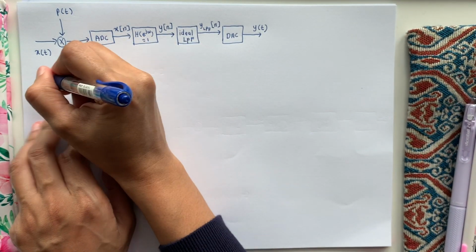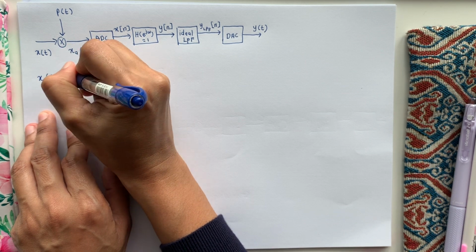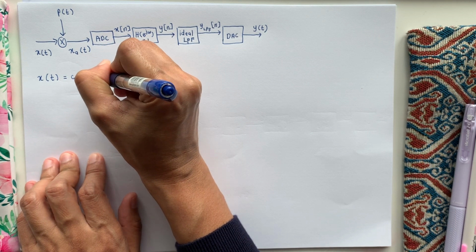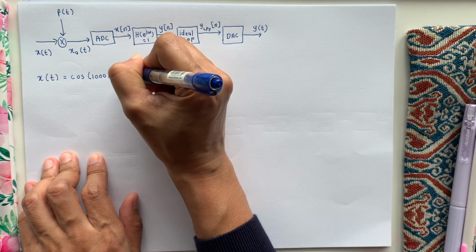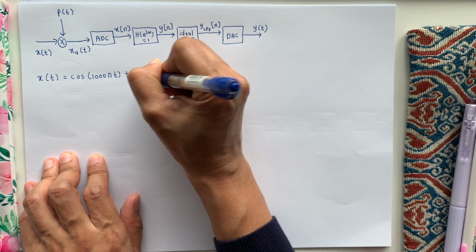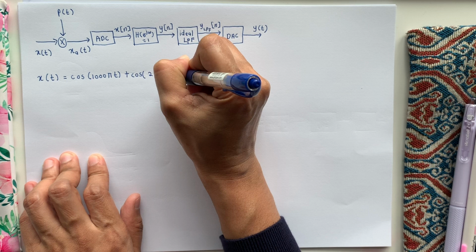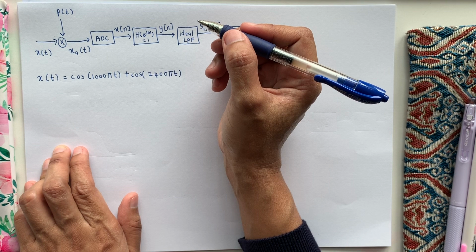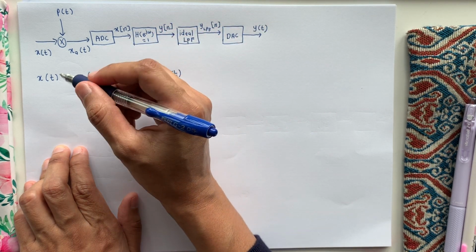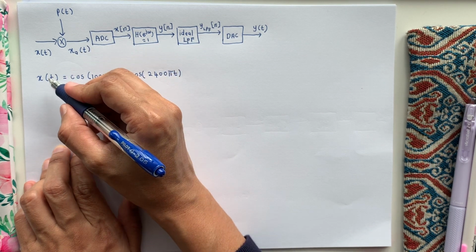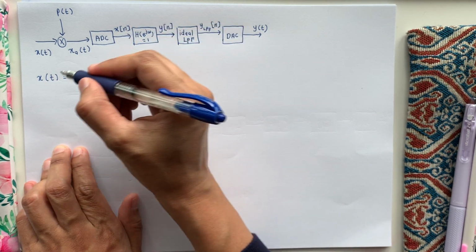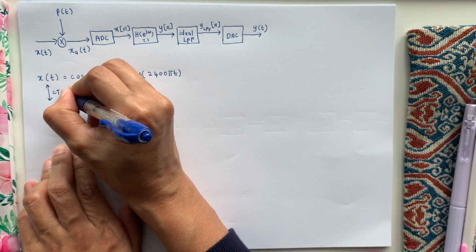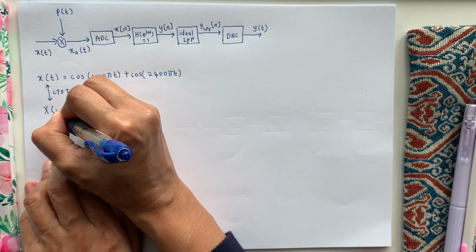Alright, so we have xt equal to cos 1000 pi t plus cos 2400 pi t. Usually in the final exam and midterm, we always ask students to find the CTFT of xt. So you refer to the formula sheet. You know that the CTFT of xt is X(j omega).